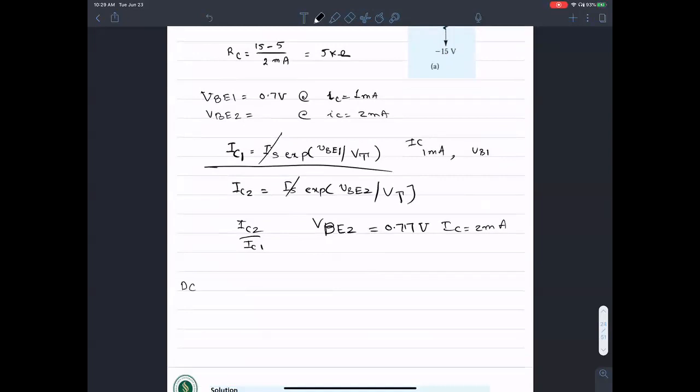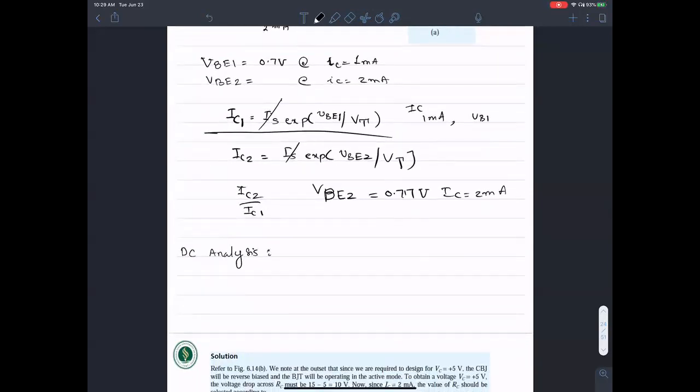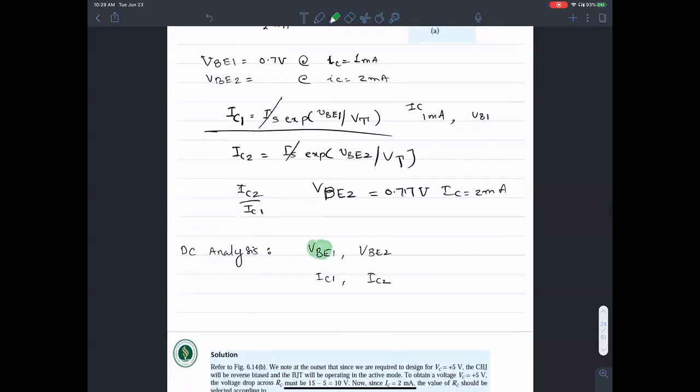When we are doing the DC analysis, which is what we are doing in this case, if you have different values of VBE and different values for IC, and if you have three of the terms and you're interested in doing the DC analysis, then you can use the exponential relationship to find out the unknown.